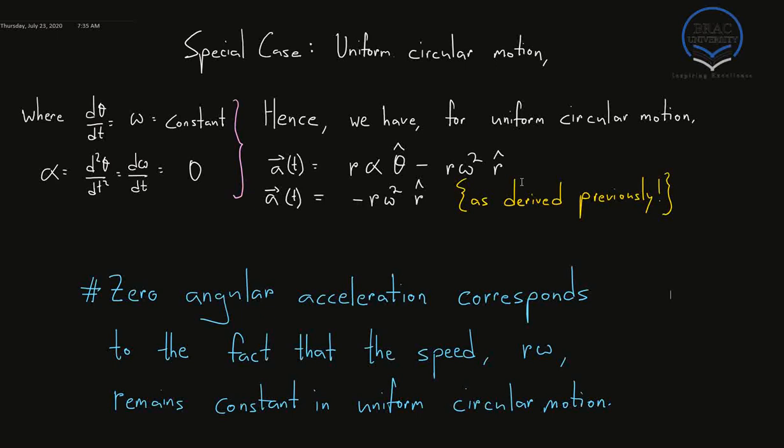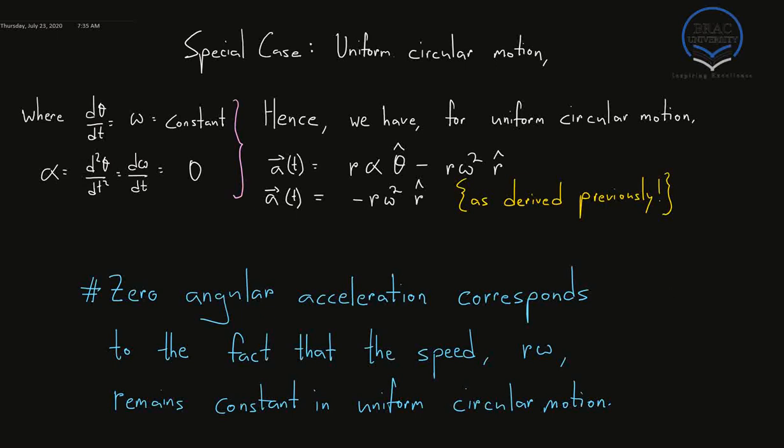That's the expression we derived particularly for uniform circular motion. So at this point, we are starting to make sense of what this angular acceleration quantity is. Namely, zero angular acceleration corresponds to the fact that the speed r omega remains constant in uniform circular motion, right? If the speed r omega remains constant, then omega must not be changing with time, so the differentiation of that, the angular acceleration, is 0.